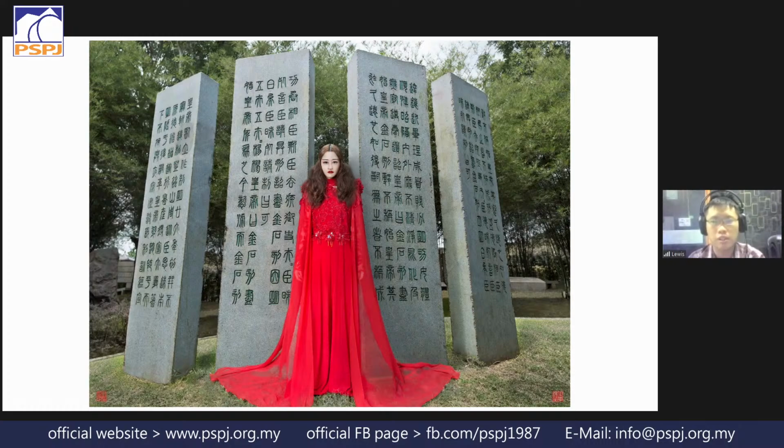So I needed to shoot it here, and I asked the model to stand here. The clothes are much more traditional. I chose the red one so it pops out from the very pale color environment.